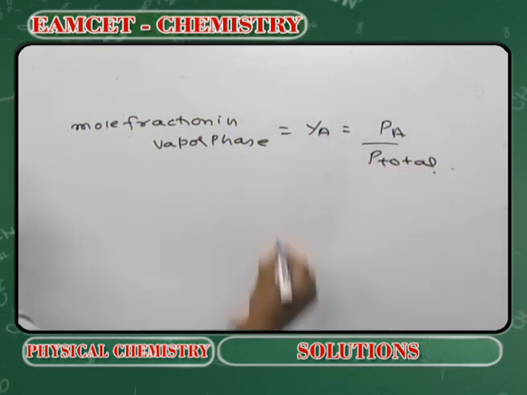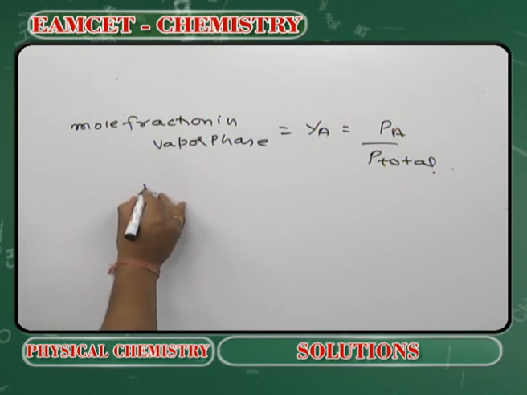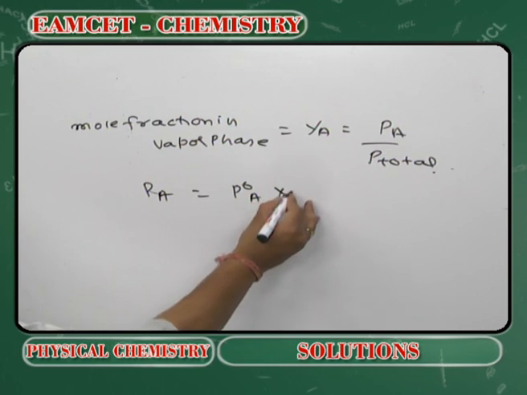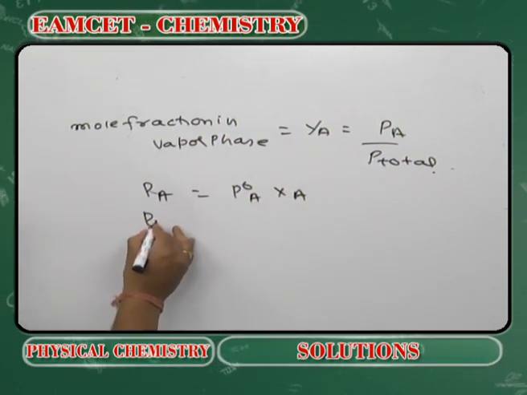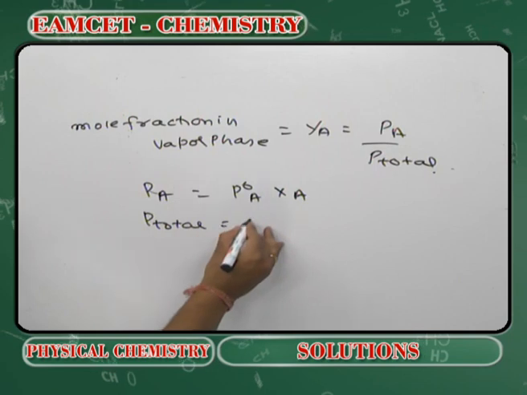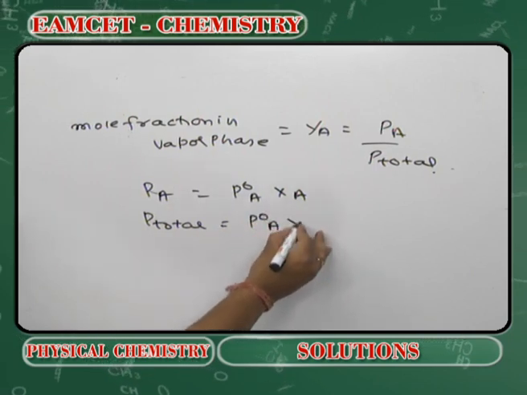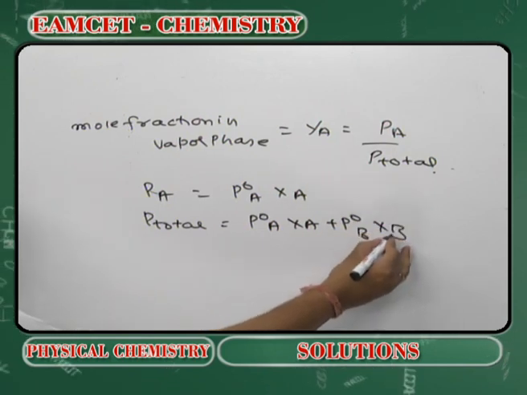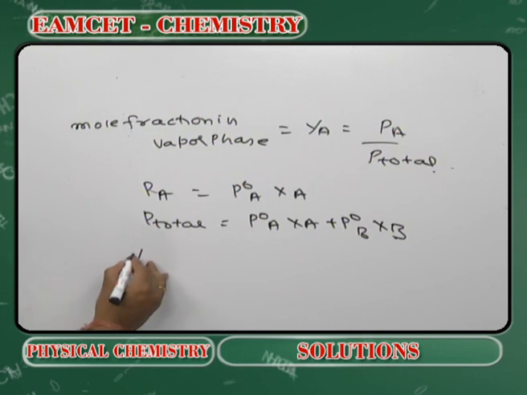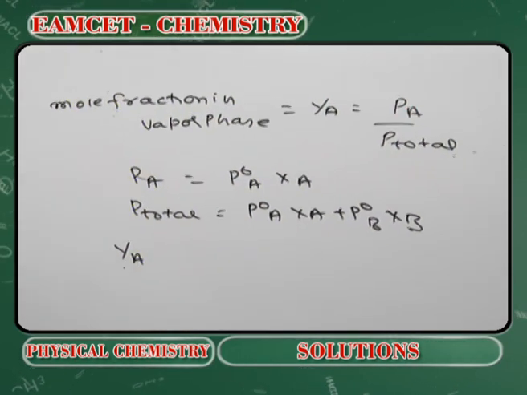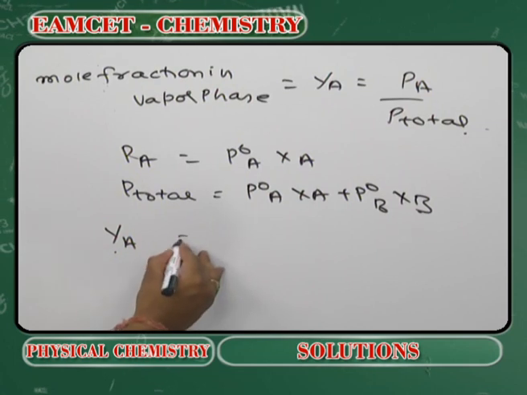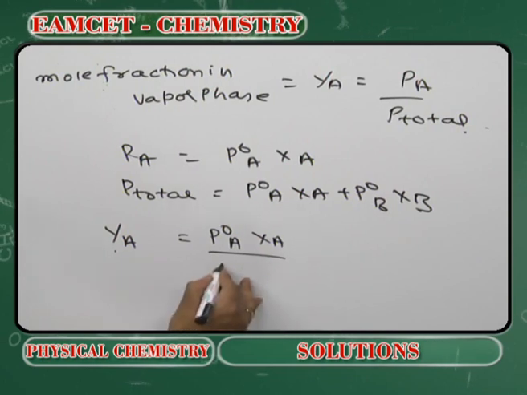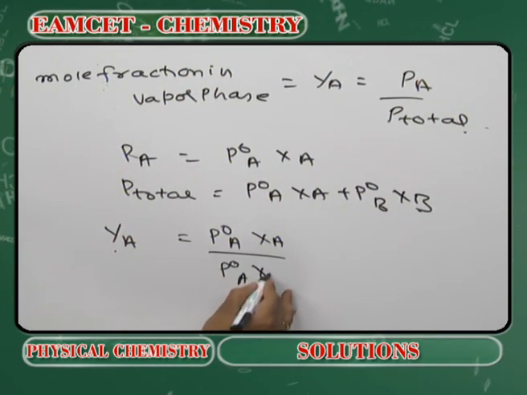Pa is equal to P naught A XA and P total is equal to P naught A XA plus P naught B XB. So Ya, the mole fraction in the vapor phase, is equal to P naught A XA by P naught A XA plus P naught B XB.